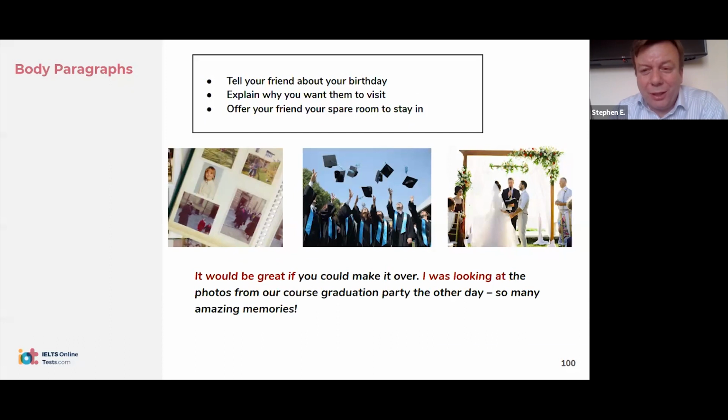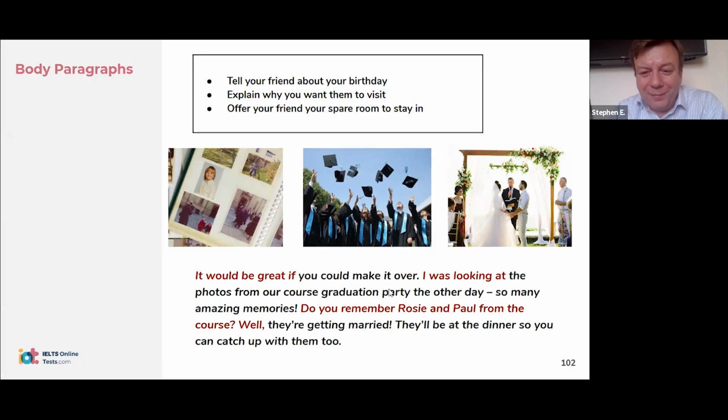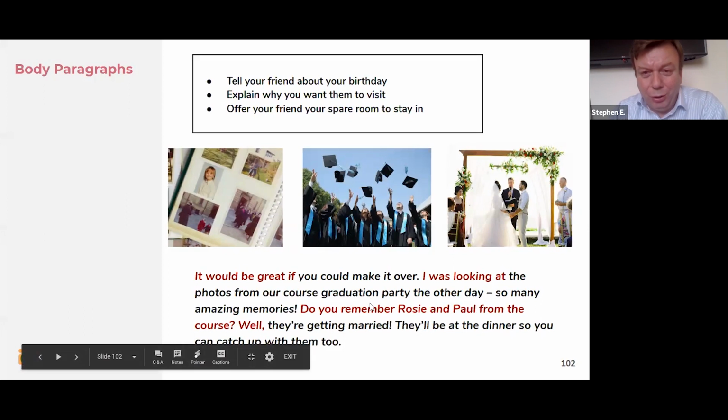And then let's have a look for the last one. Do you remember Rosie and Paul from the course? Well, so what do you think's happening to Rosie and Paul? What's happening to Rosie and Paul? Okay. Well, they're getting married, so they'll be at the dinner, so you can catch up with them too.